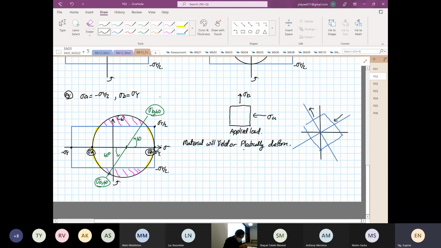And the shear is going to get is this shear direction. Okay, this value will be at what? Stress A 60, stress B 60, and shear 60. Okay, so at this intersection, this is our shear 60.